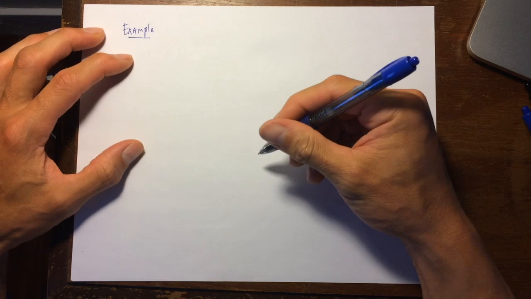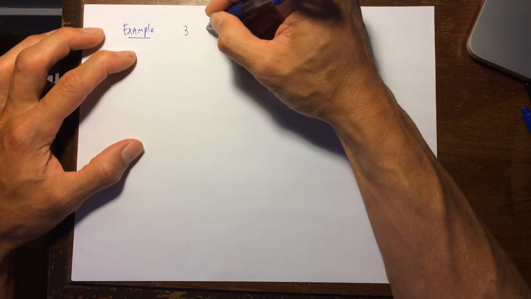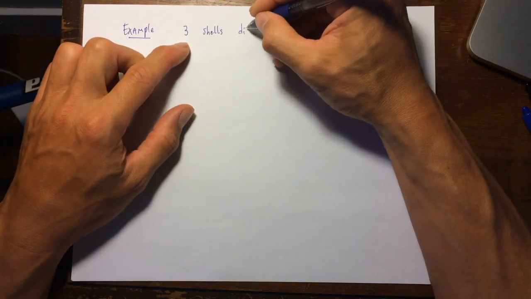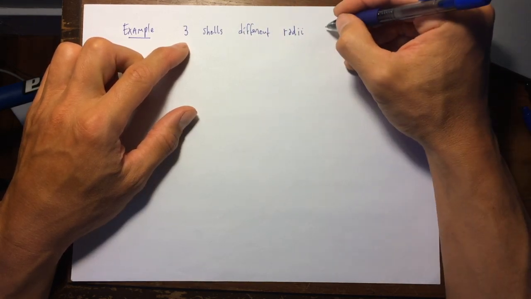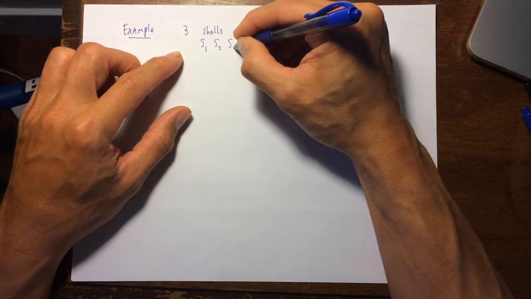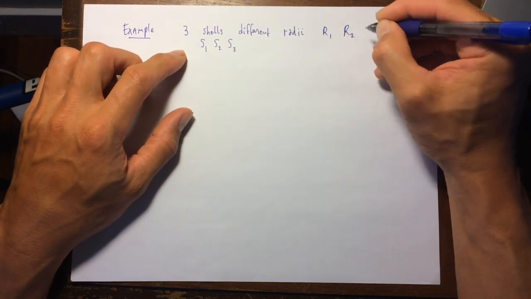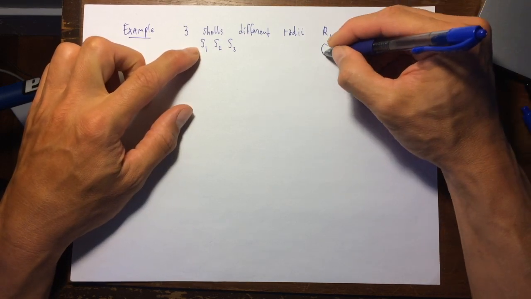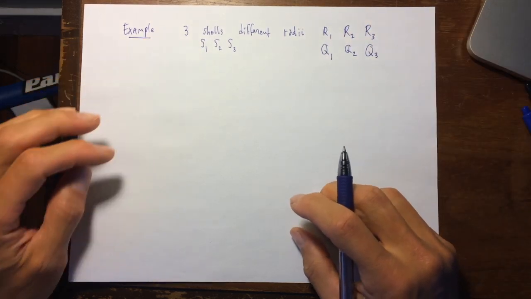I'm going to have 3 shells with different radii, right? The shells are S1, S2, and S3, and the radii are R1, R2, and R3, for example. And each of these shells has net charges, right, of Q1, Q2, and Q3.